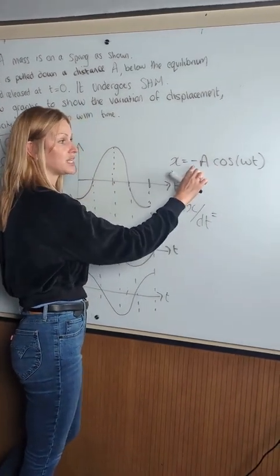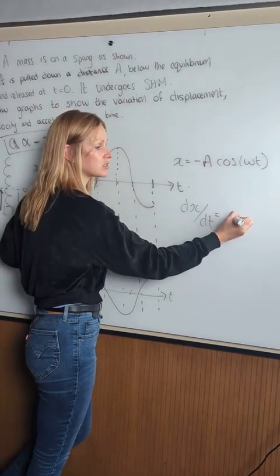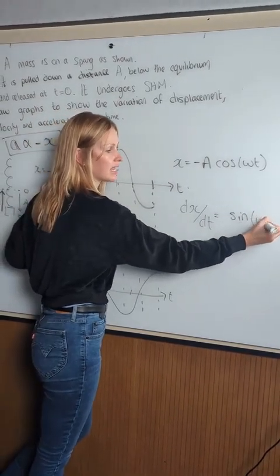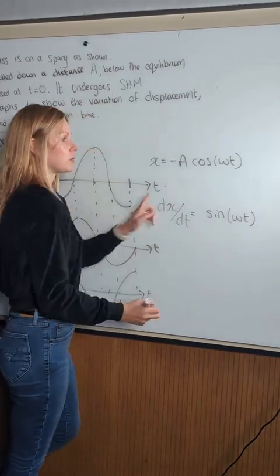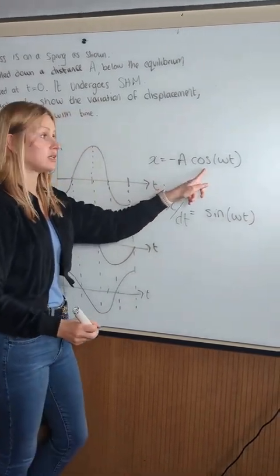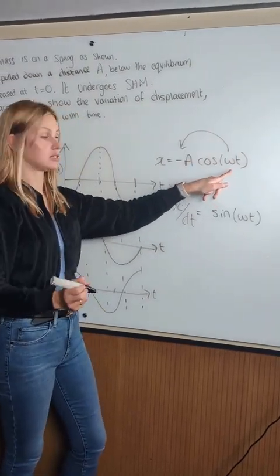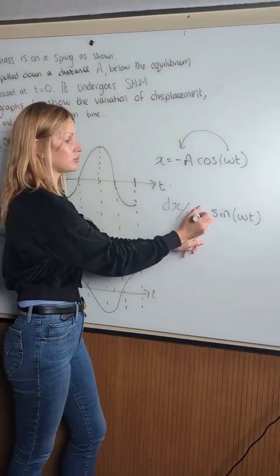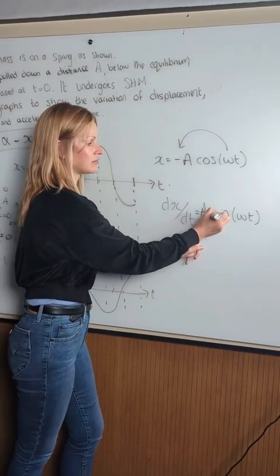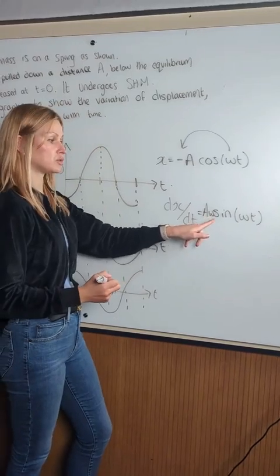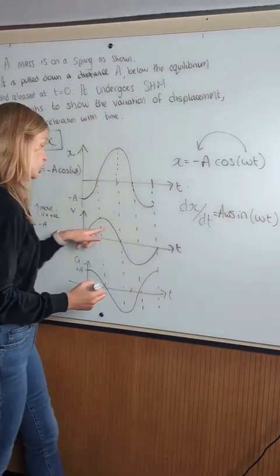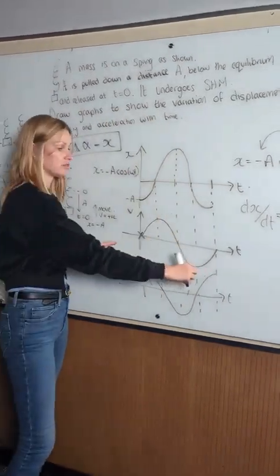But if I differentiate negative cosine, I get a positive sine, and it's sine of wt. When we differentiate a cosine, the w has to come outside and go to the front. So what I'm going to have is a times w times sine wt. So what I should have drawn was a positive sine graph. I checked, did I draw that? And I did. I drew a positive sine graph.